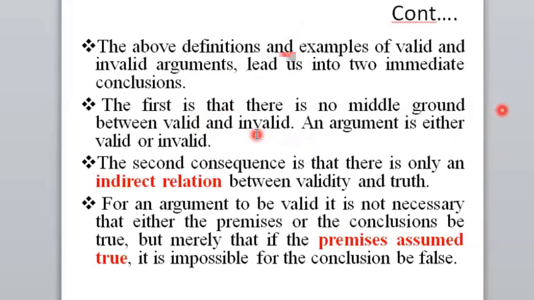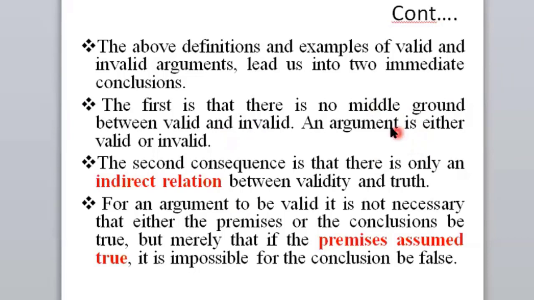A certain argument is either valid or invalid, either of the two. It cannot rely on a middle ground, so we should label an argument either invalid or valid. We should not say it is in the middle ground. That is why we say the second example is invalid, even though it is deductive.